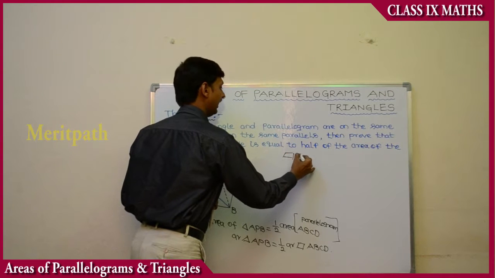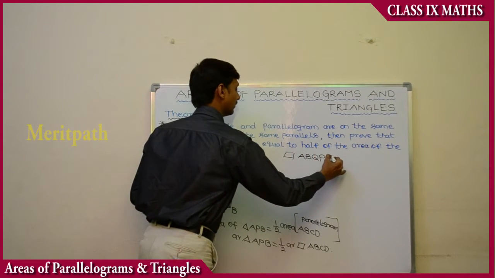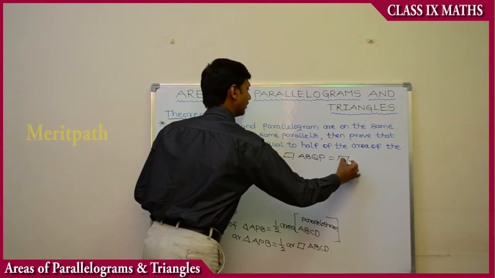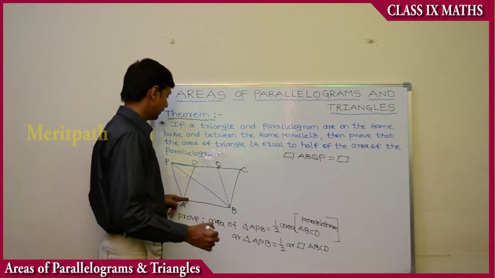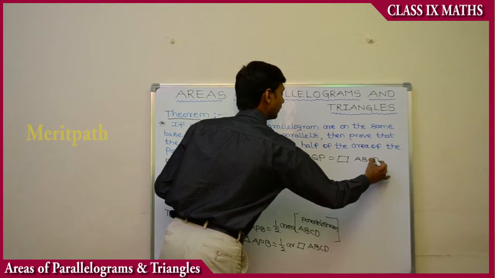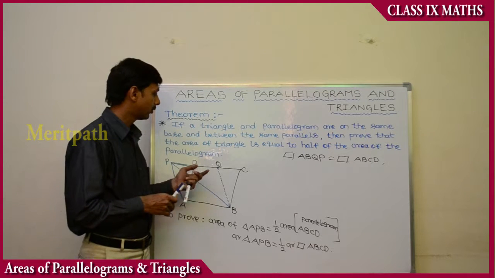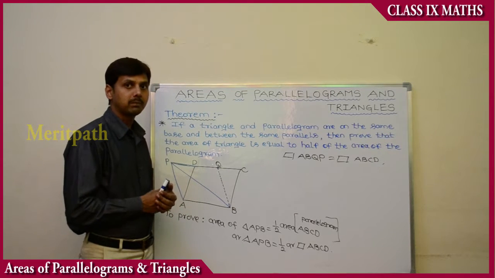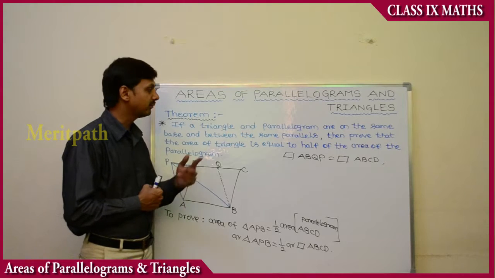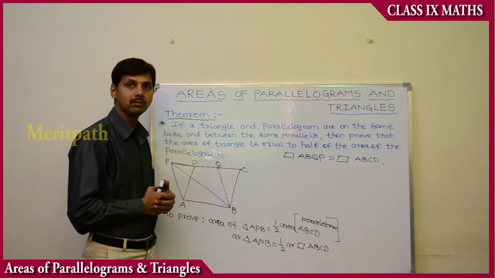Area of ABQP is equal to parallelogram ABCD. Using the earlier theorem, ABQP and ABCD are equal.